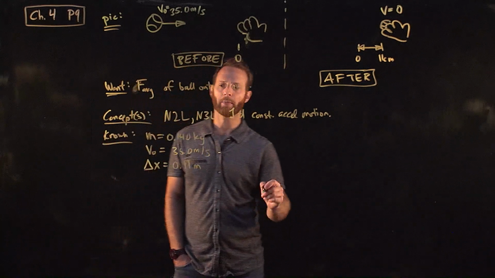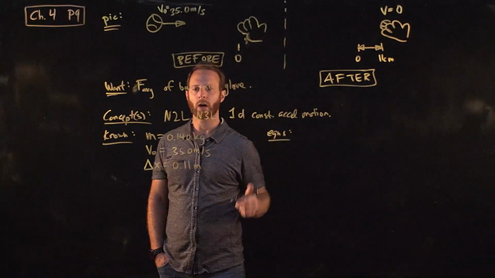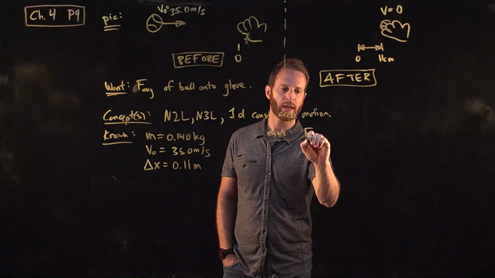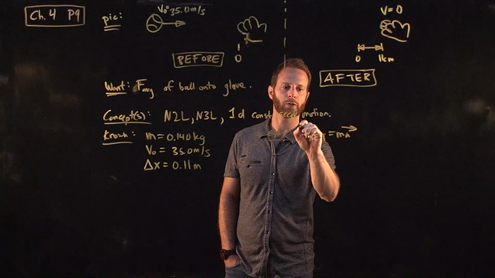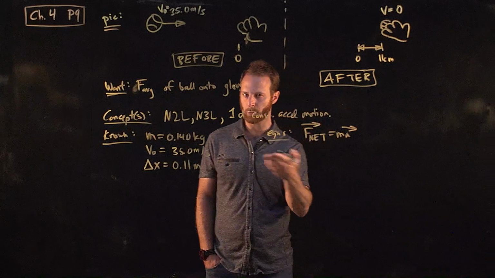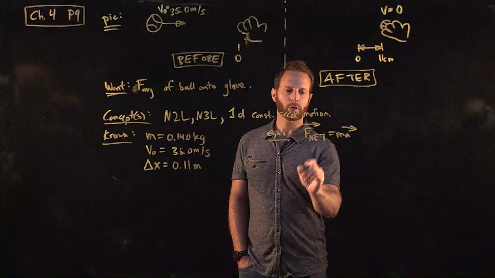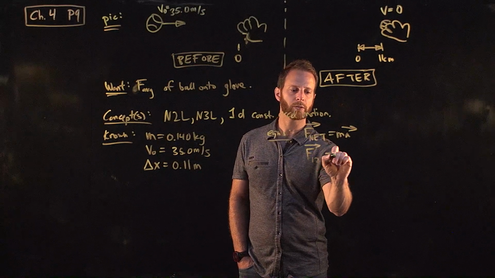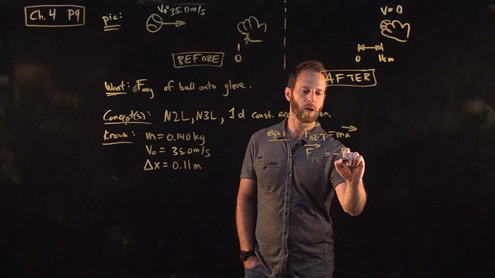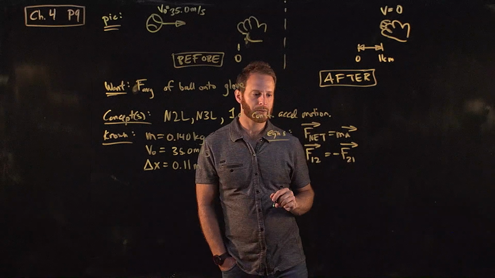The equations that we might need that correspond to these concepts: Newton's second law, remember F net is equal to ma. That's technically a vector equation, although we probably won't need to worry about that because we're just doing one-dimensional physics here. Newton's third law tells you that the force of object 1 onto object 2 is equal and opposite to the force of object 2 onto object 1. Lastly, constant acceleration motion.